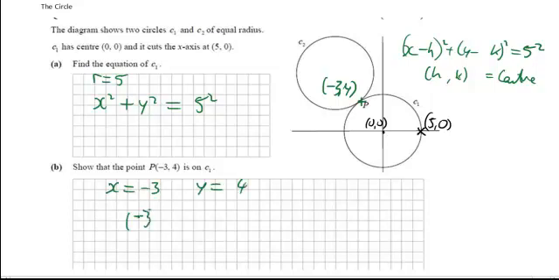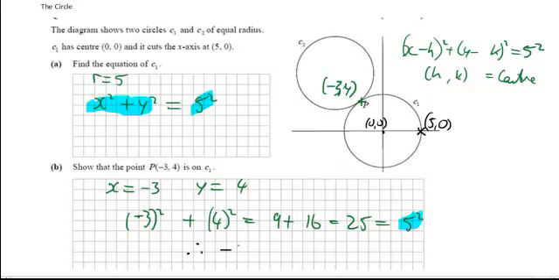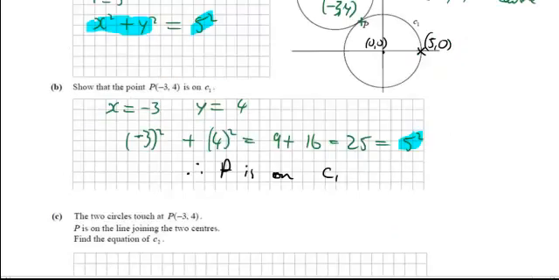Minus 3 squared plus 4 squared is equal to 9 plus 16, which is equal to 25, which is equal to 5 squared. So we see that because x squared plus y squared is equal to 5 squared, and we put that in, we get 5 squared. Therefore, P is on C1, circle 1.